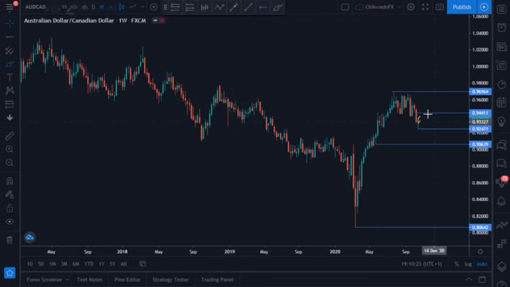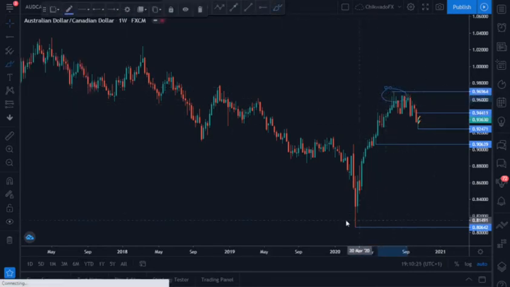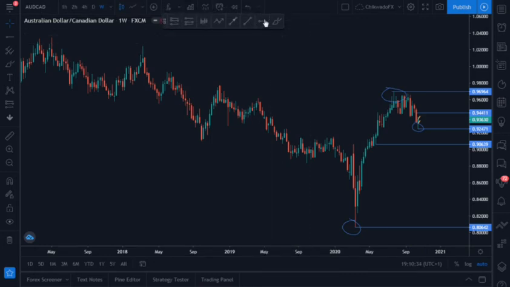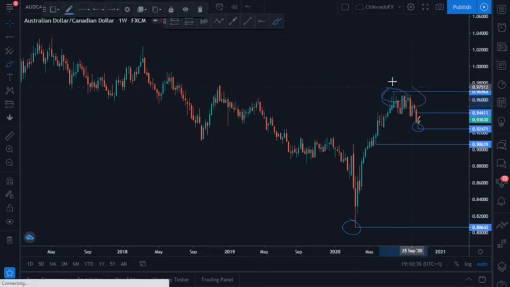We can notice the highs here, and these lows, and these lows. Remember, one of the major things about our trading philosophy here at Chicago FX is that the market constantly rotates between the major highs and the major lows, and also tests major zones where the market has collected liquidity in the past.